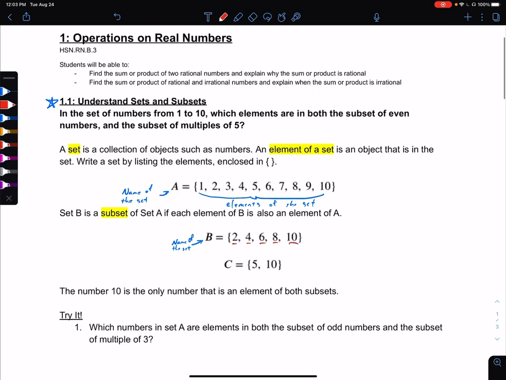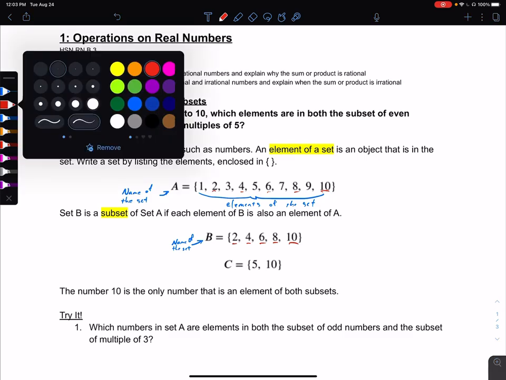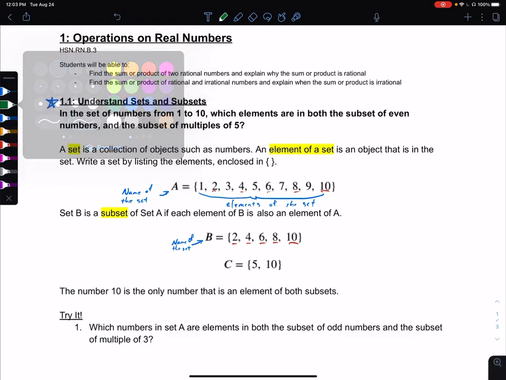And if we look back at A, 2, 4, 6, 8, and 10 are all elements of set A. So since everything from B is from A, we can call B a subset of A. And then if you look at set C, we have the elements 5 and 10, and those numbers are also from set A, so we can call set C a subset of A.